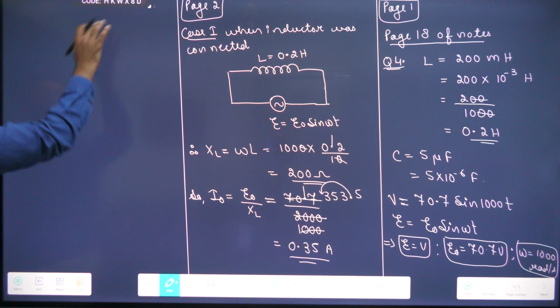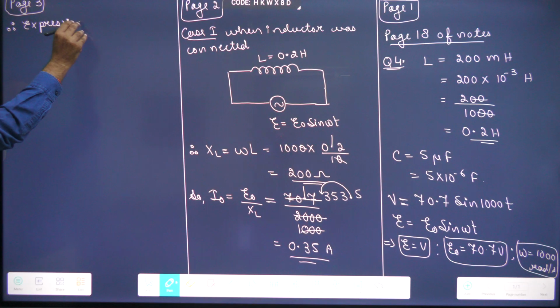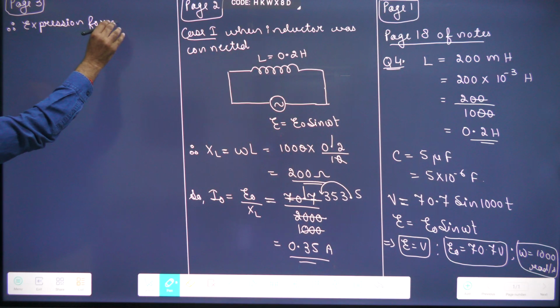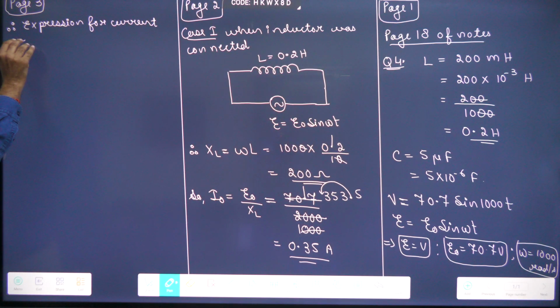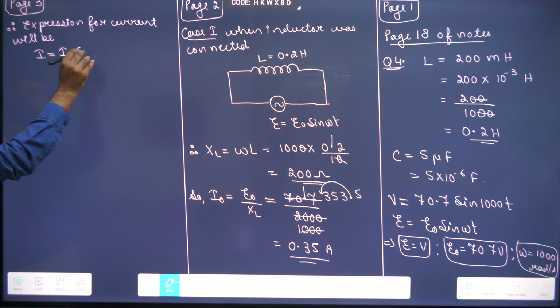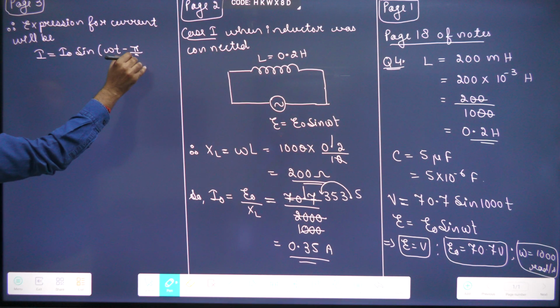The expression for current will be I is equal to I naught sine omega t minus pi by 2.